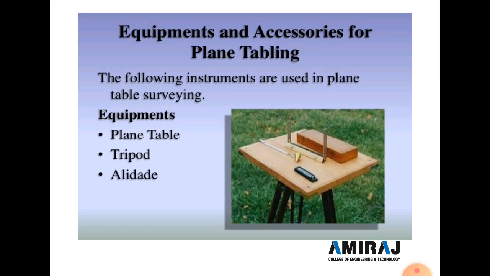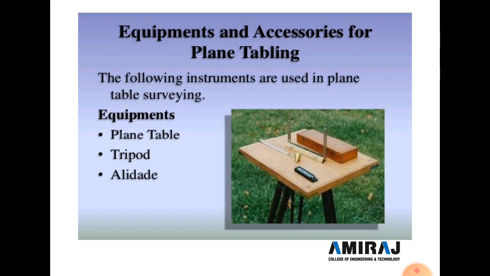Now the second topic in plane table surveying is the equipment and accessories. Equipment and accessories are different. The following instruments are used in plane table surveying. First the equipment: a plane table, a tripod stand, and a level.